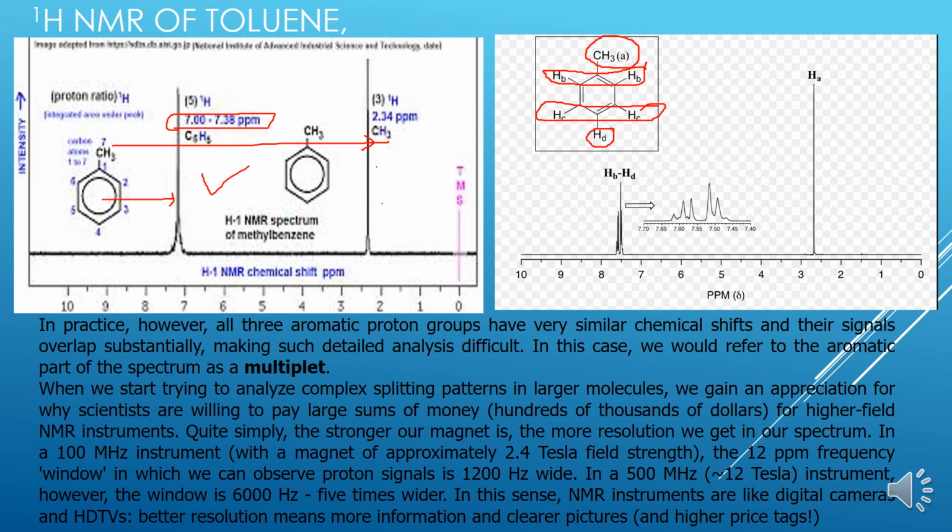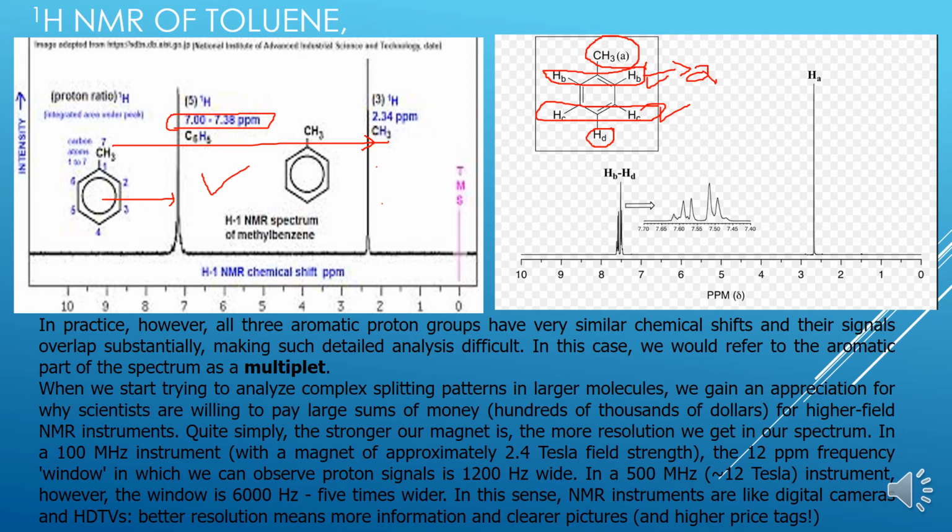In our toluene protons, as I said in the beginning, in the aromatic protons themselves there are three different environments: Hb protons, Hc protons, and Hd protons. For Hb, only one neighboring proton is there, therefore it splits into a doublet.